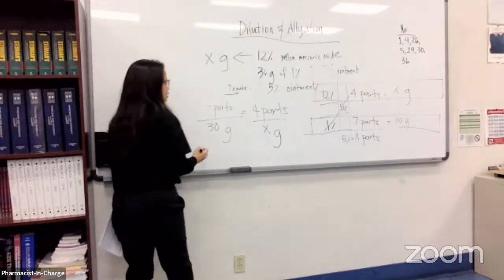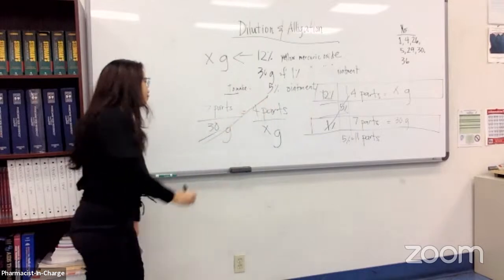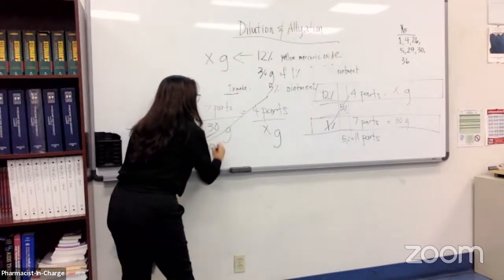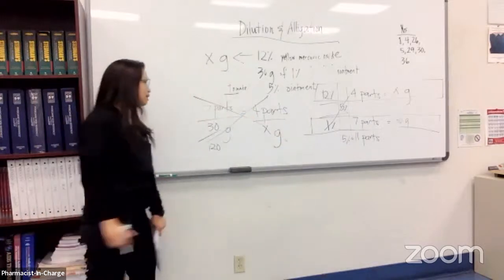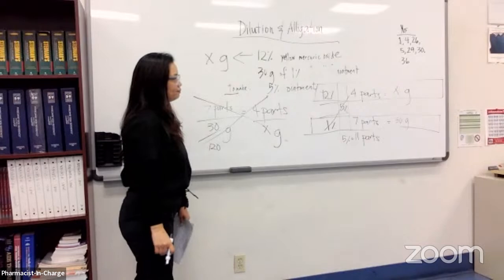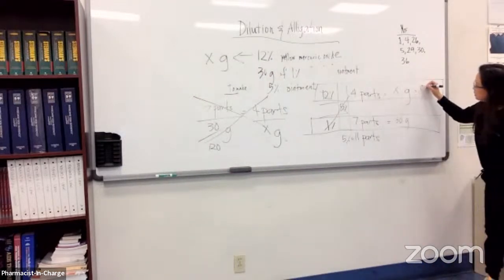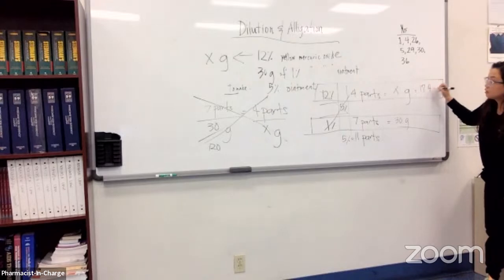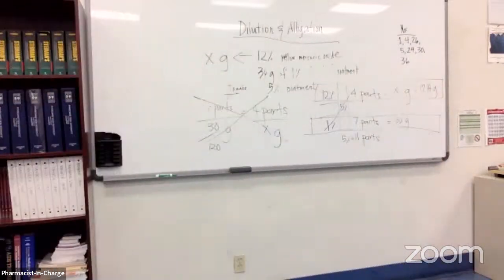What happens next? Cross multiply. 4 times 30 is 120, so 120 equals 7x, divided by 7 is 17.14 grams.